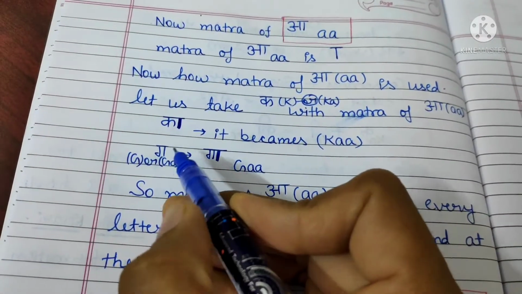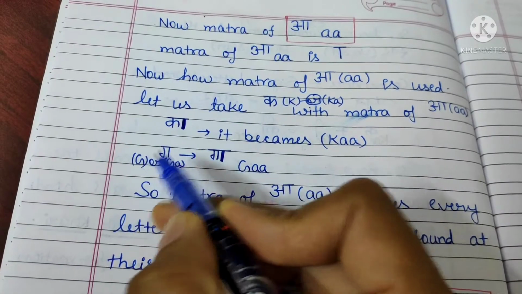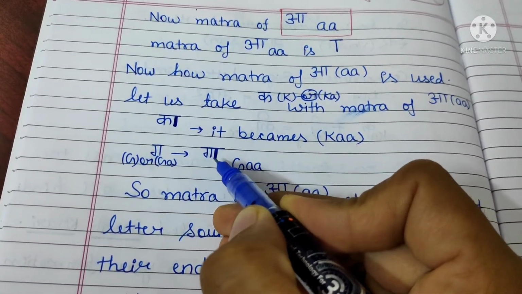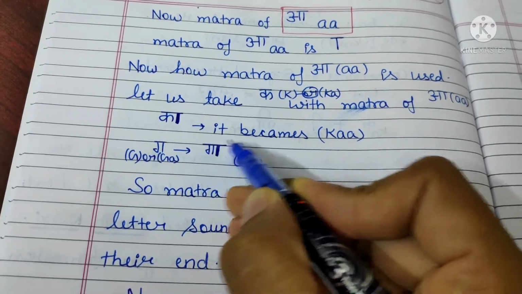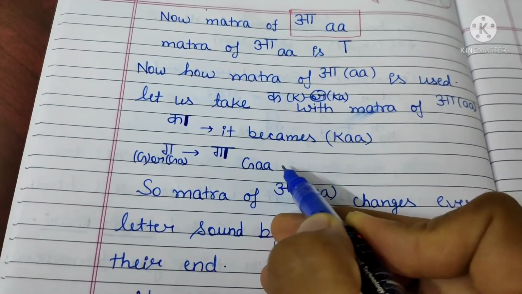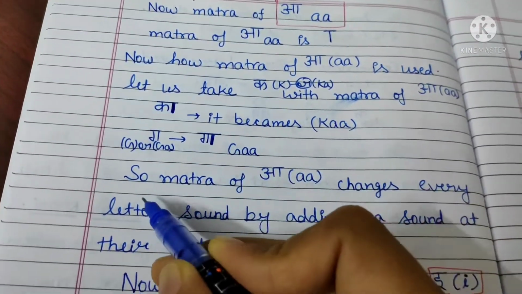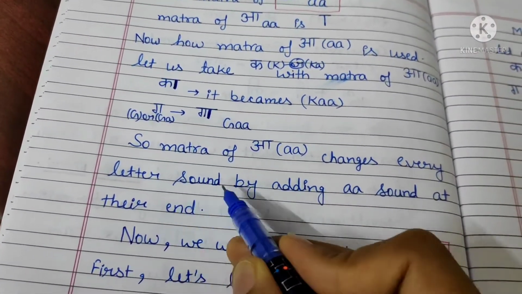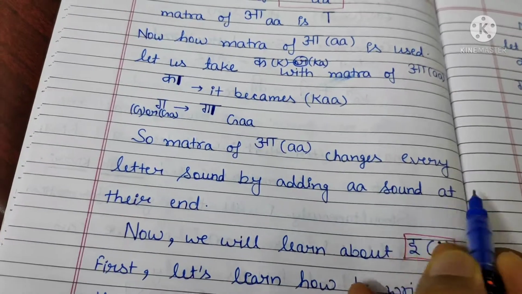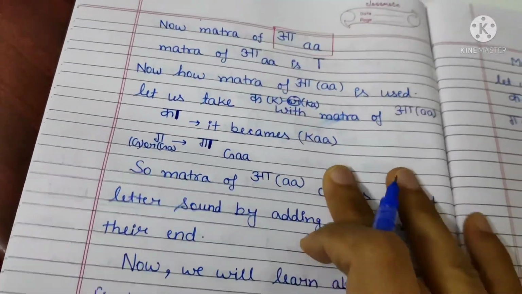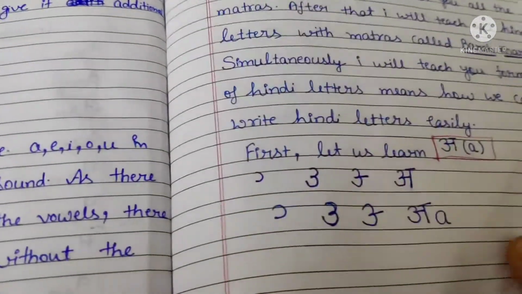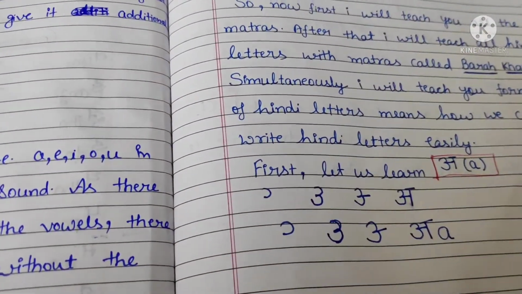Now let's take another example, G. Now we are adding the matra of A to this G. It becomes Ga. So the matra of A changes every letter's sound by adding an A sound at the end. So this is all about the matra of A, and today we learned about the formation of A.